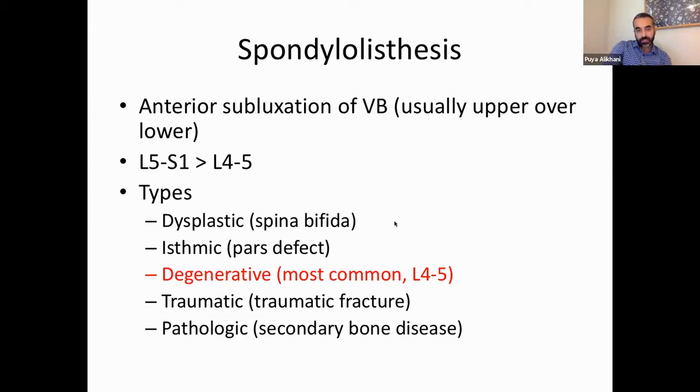Dysplastic, that you see in spina bifida and neuromusculars, isthmic, in the pars defects. We'll see it in adults mostly due to degenerative changes or even iatrogenic after laminectomies. You can see it in trauma or also in pathologic fracture secondary to bony metastases and diseases.